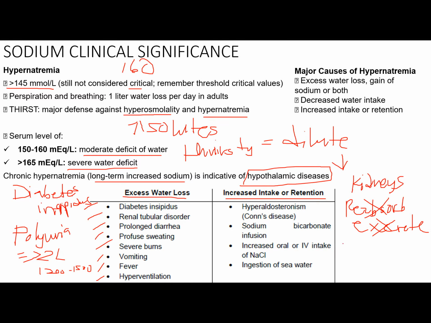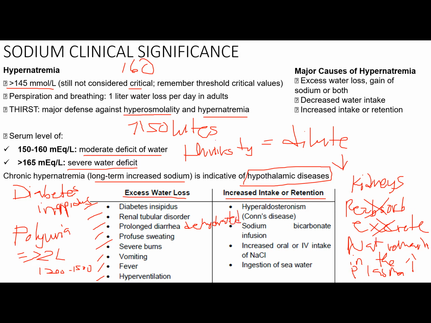And when that happens, class, sodium would remain in the plasma at a maximum level, mataas na level, leading to hypernatremia.